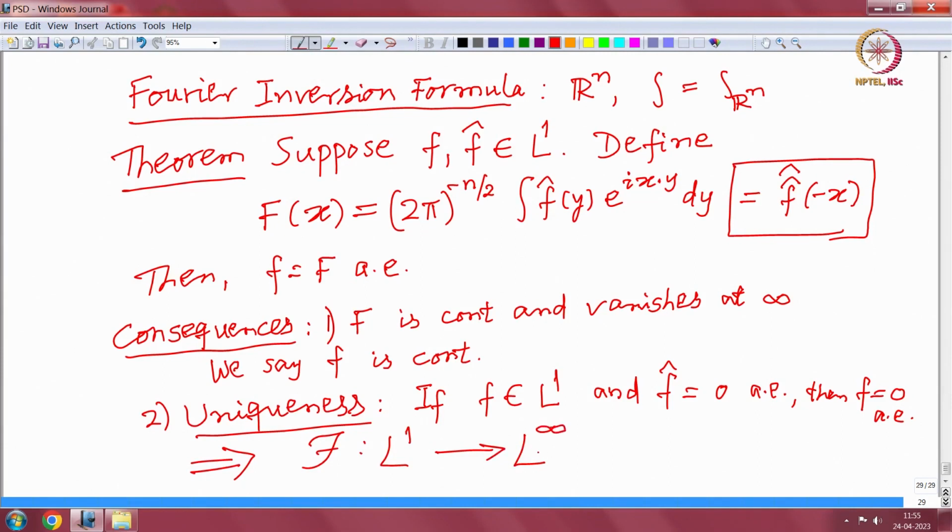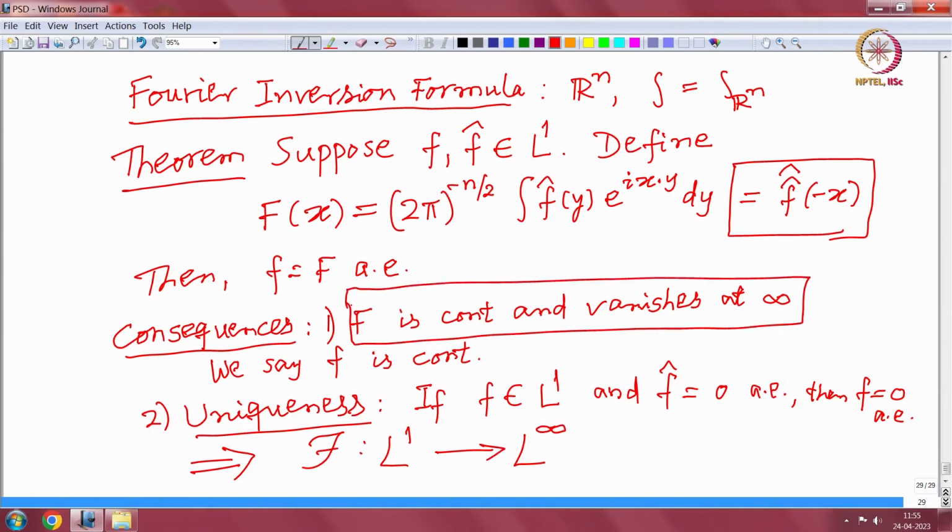In fact, considering the properties of the Fourier transform, its range is in the subspace of L infinity of functions which are continuous and vanishing at infinity; it is linear, continuous and one-one. Uniqueness is there. However, till date we do not know what is the range of this mapping from L1 to L infinity.